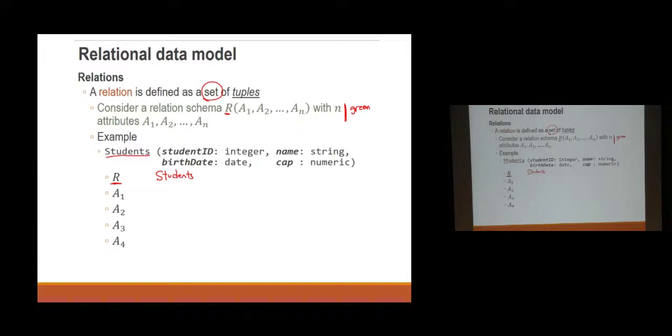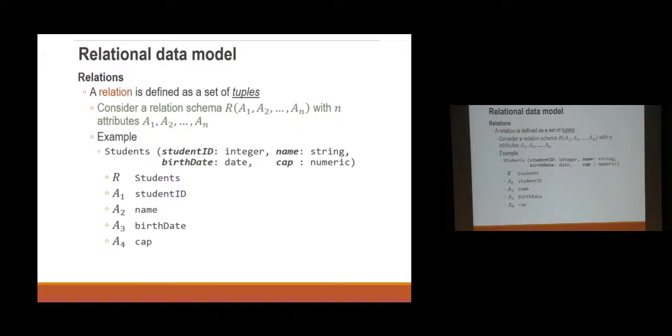Now the first attribute here, which corresponds to A1, you just look at the position. The first one is the student ID. Then you can fill in the rest. Basically what you will get is something like this. The relation name is students. The first attribute is student ID. The second attribute is name, and so on.